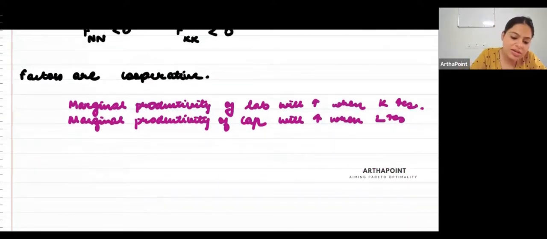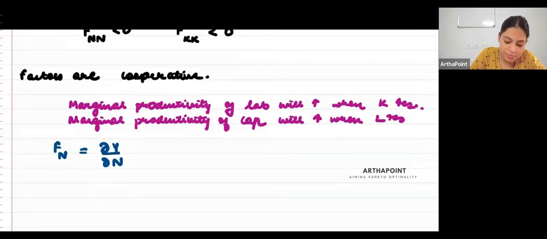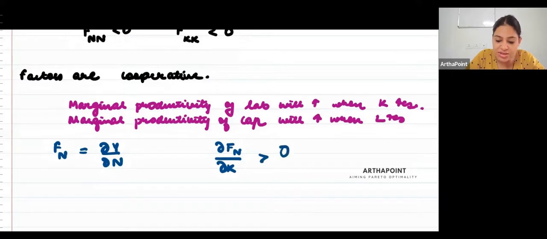So we are saying that, okay, what is marginal productivity of labor? It is how output changes as labor changes, which is Fn. And now we are asking, how is this Fn changing as capital is changing? This is greater than 0.